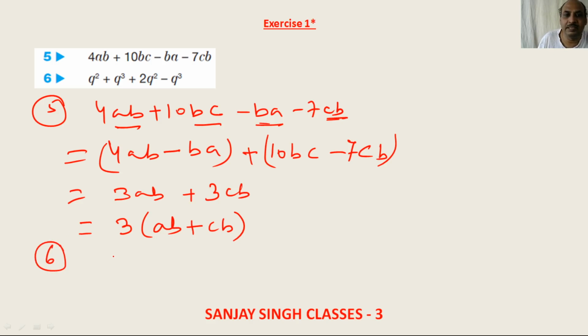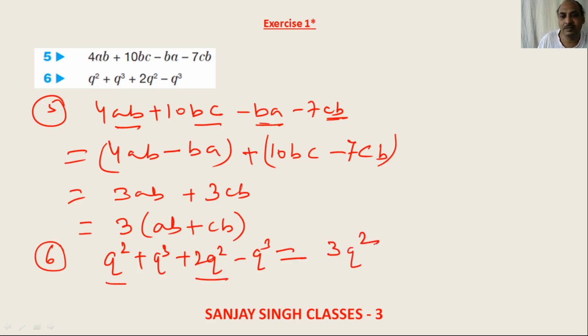Question number 6. Q square plus Q cube plus 2Q square minus Q cube. Here again Q square plus 2Q square, so it will become 3Q square. Right. And what we have seen here, Q cube and minus Q cube. One is plus, one is minus, it will get cancelled.